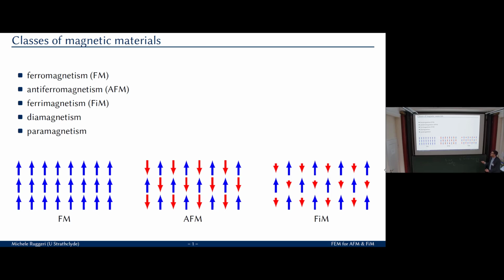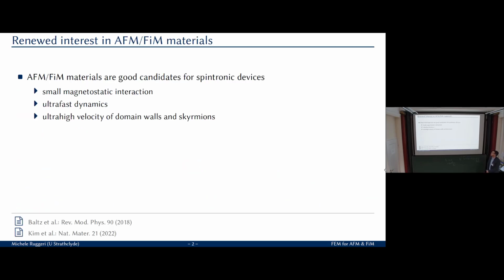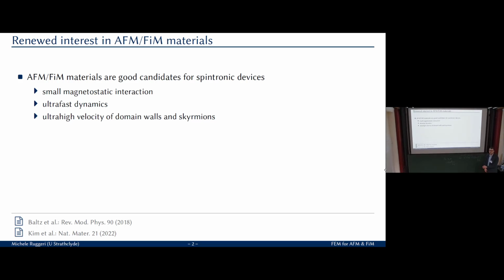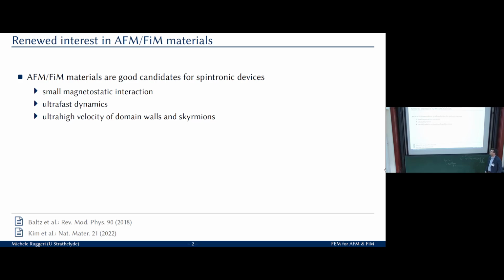But recently there is a renewed interest in the two other classes of magnetic materials, antiferromagnets and ferrimagnets, because theoretical and experimental studies seem to suggest that they are very good candidates for the spintronic devices of the future.